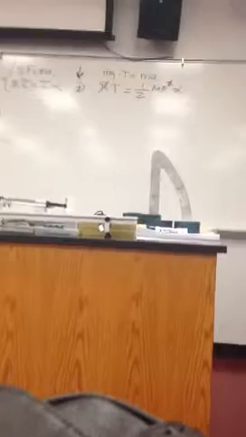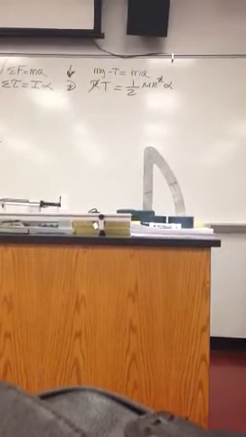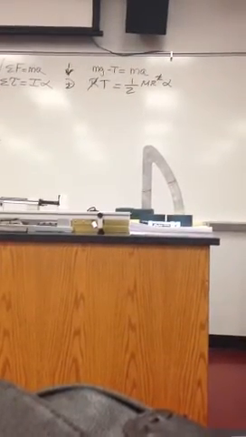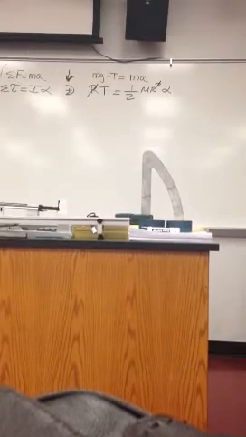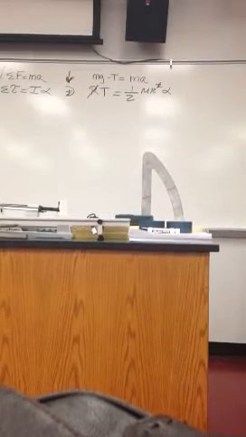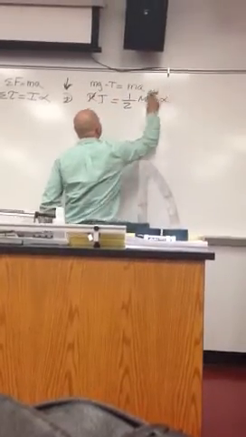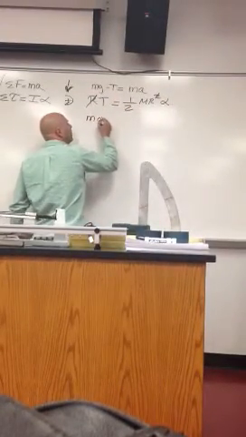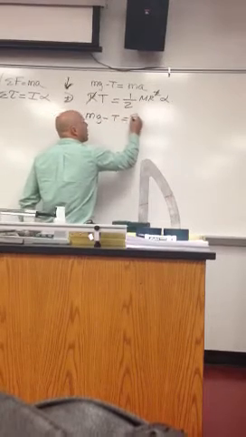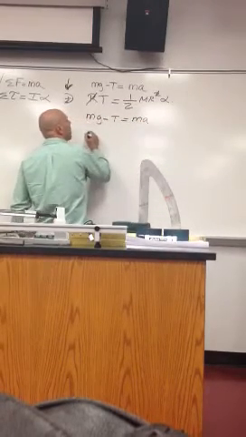Look at the formula. The summary of what we learned so far is there. A tangential is equal to what? Alpha R. So if A tangential is alpha R, I can change this. So my equation will look like this: Mg minus T equals MA. Is that correct?